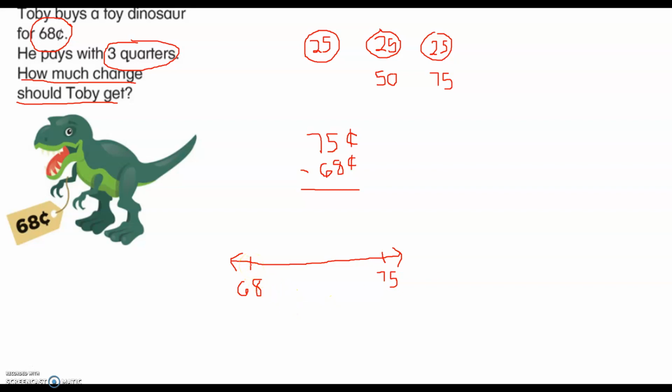So let's jump first to the closest 10. Now 68, I know the next 10 is 70. So 68, 69, 70. So I jumped 2 ones.